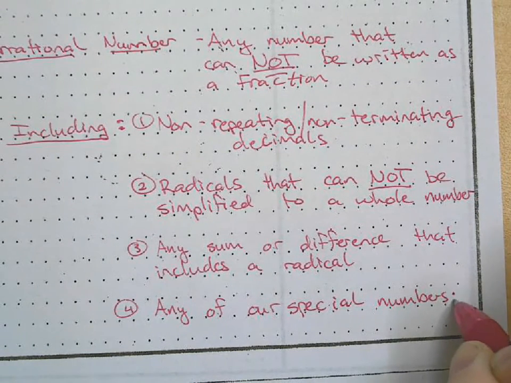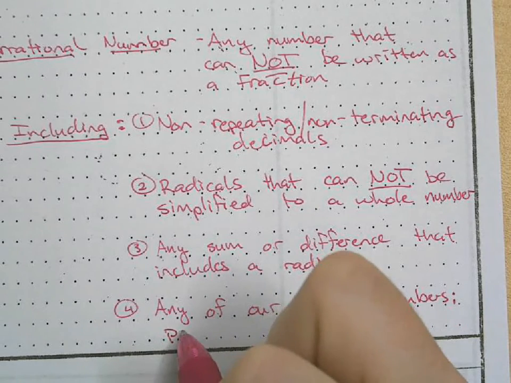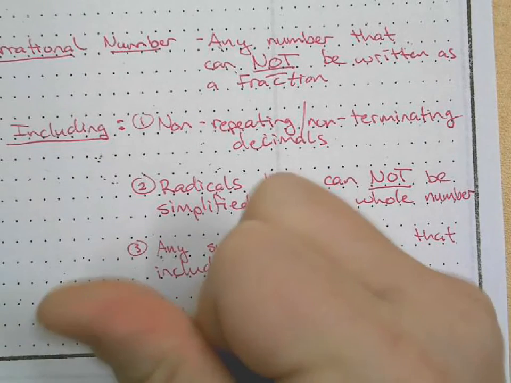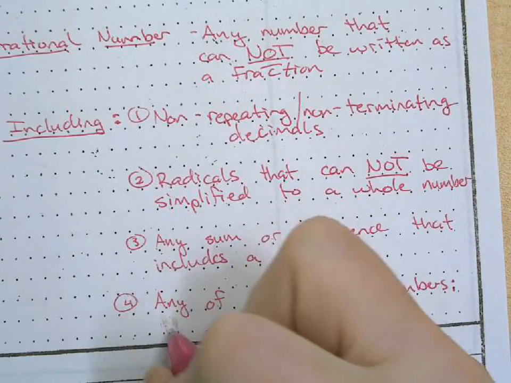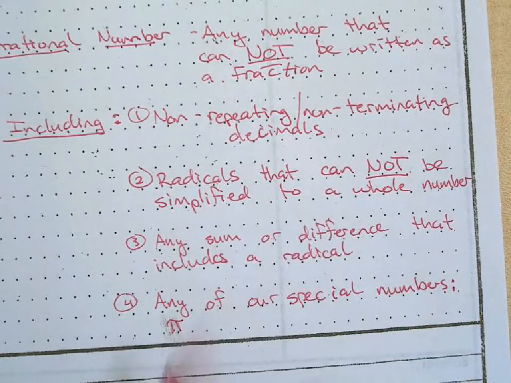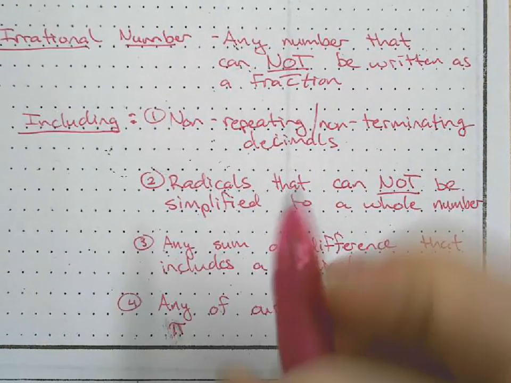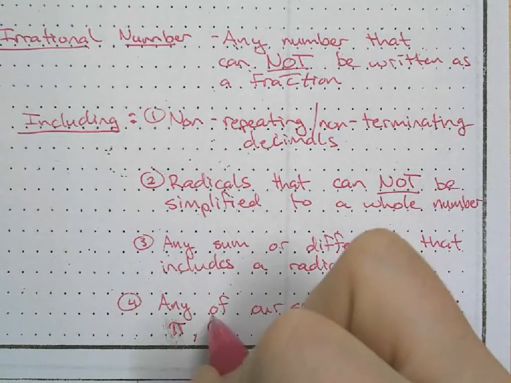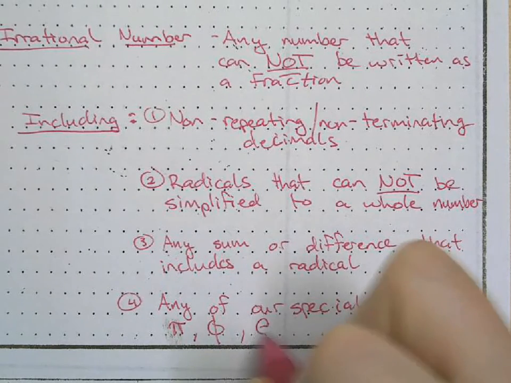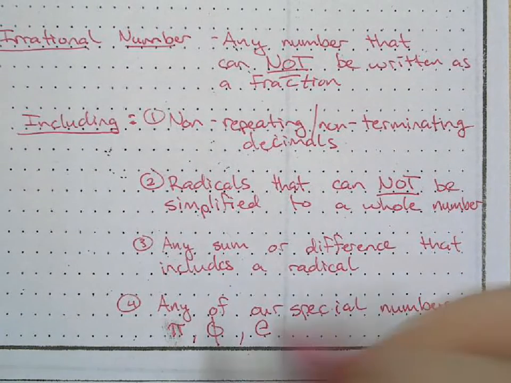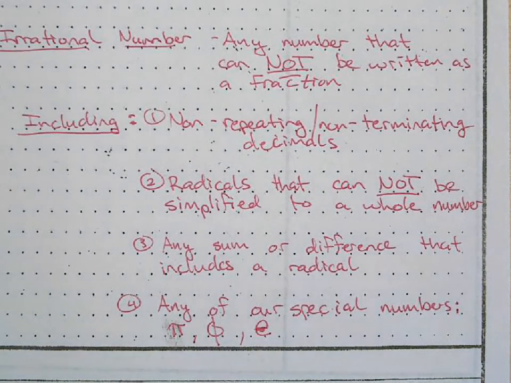These numbers include pi, that's the one we're most familiar with, pi. But then there's also this other number called phi, and then we have the letter e represents a special number. So all these special numbers are also irrational.